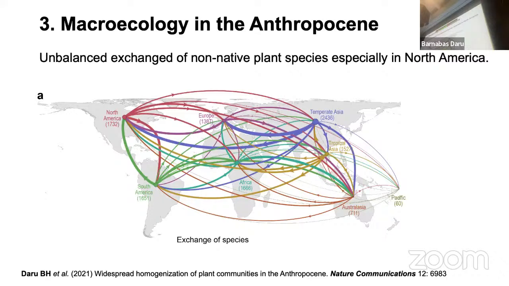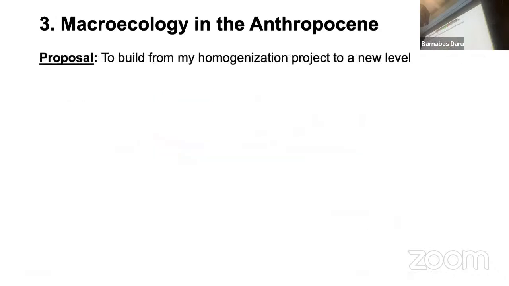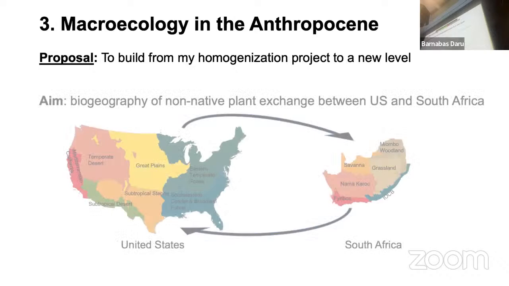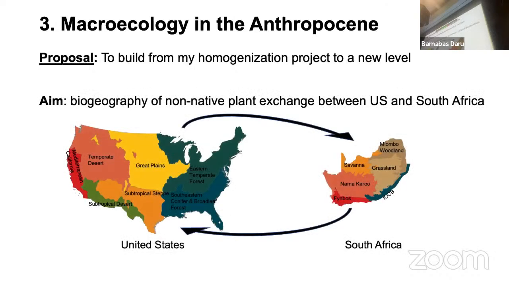So based on the idea that species exchange across continents is so imbalanced, we wanted to build from the homogenization project to explore the biogeography of non-native plant exchange between the US and South Africa. And the reason for these two regions is simply because the biomes in the regions tend to show a bit of conservatism. For example, the Mediterranean California region tends to mirror most of the Cape region in South Africa.